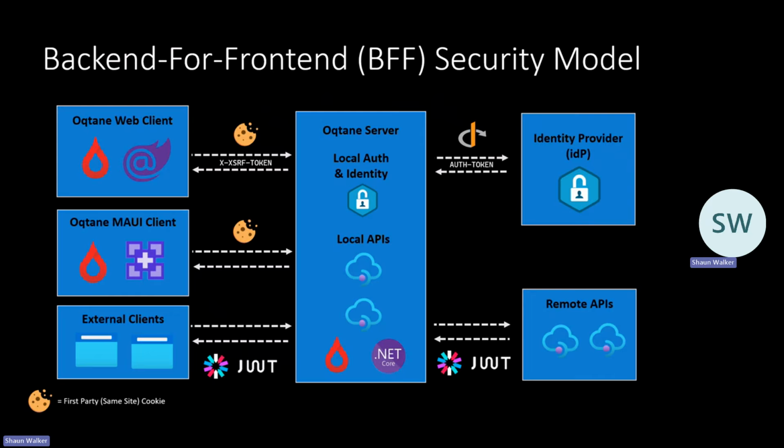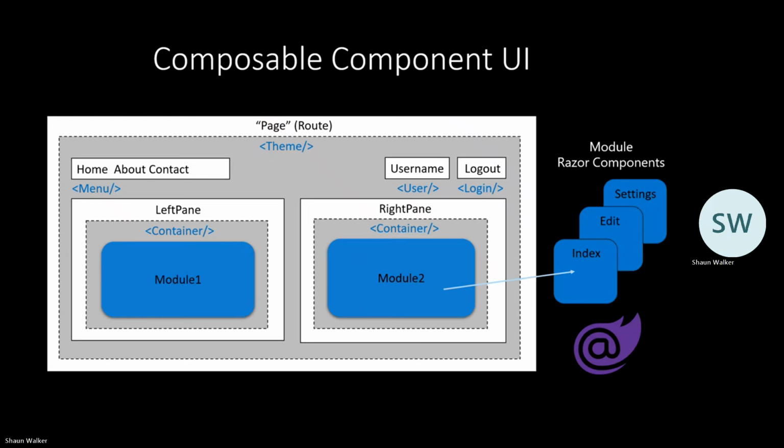That is then transferred into a cookie, and that works really well for managing the needs of users in your application. Oqtane also supports both external clients using JWT tokens and remote APIs using JWT tokens. So it's got quite a robust security model to basically satisfy almost any scenario that you might run into.